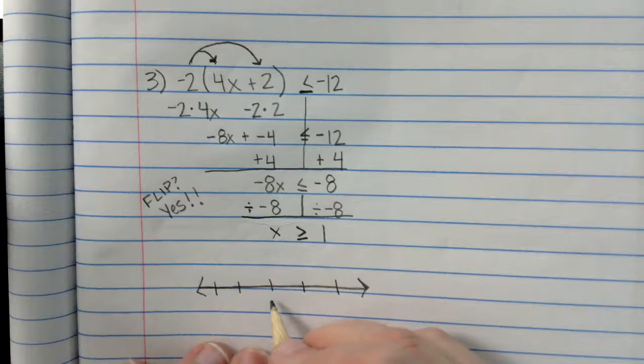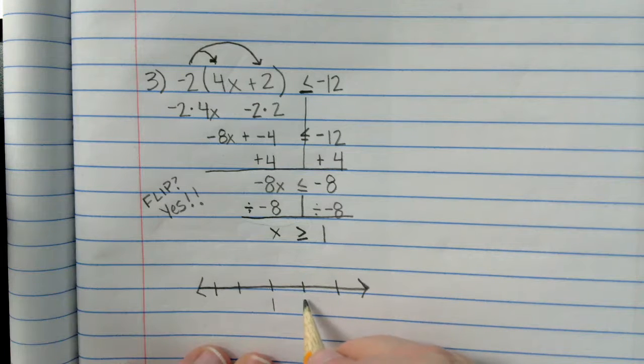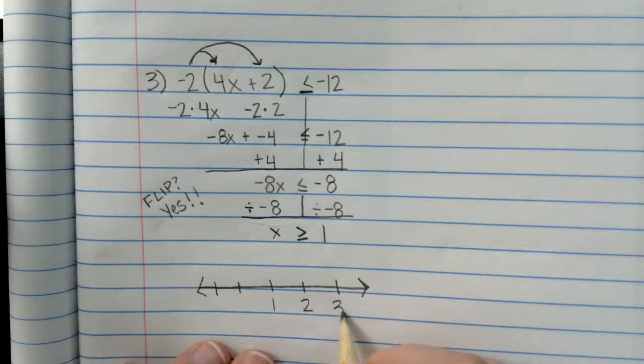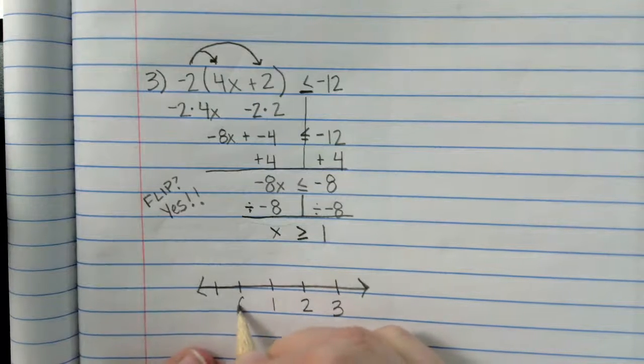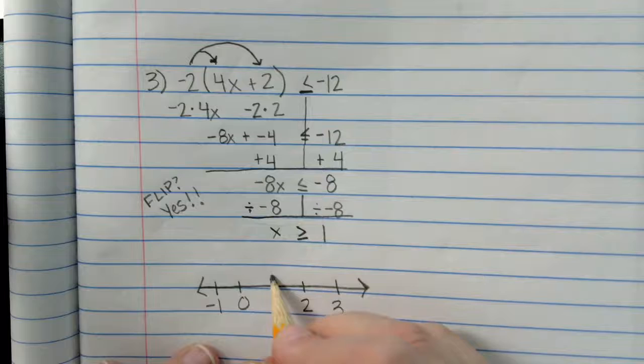So I'm going to put 1 in the middle, because that's what I like to do. What's going to go to the right of 1? 2, 3, good. It's positive, so we're counting up. This time, is it open or closed? Closed.